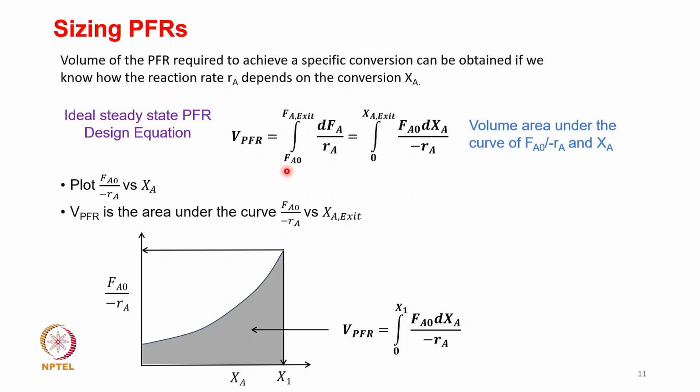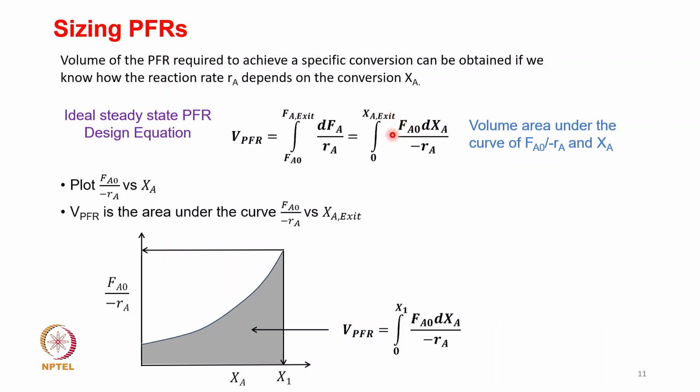Again, it is an integral from FA naught to FA at exit of dFA by minus RA. So FA we can rewrite as a function of FA naught, so FA naught times 1 minus XA.